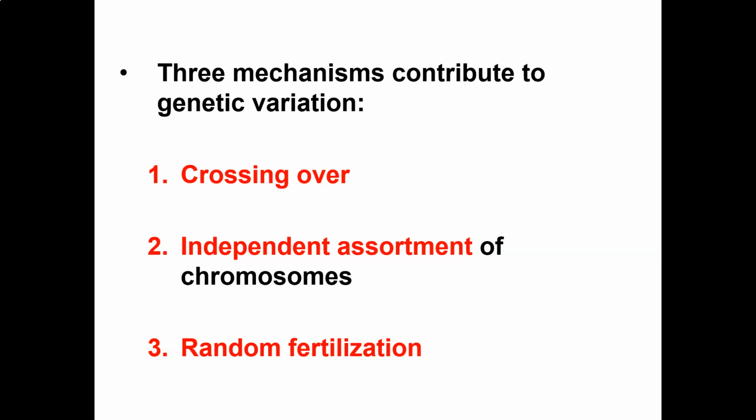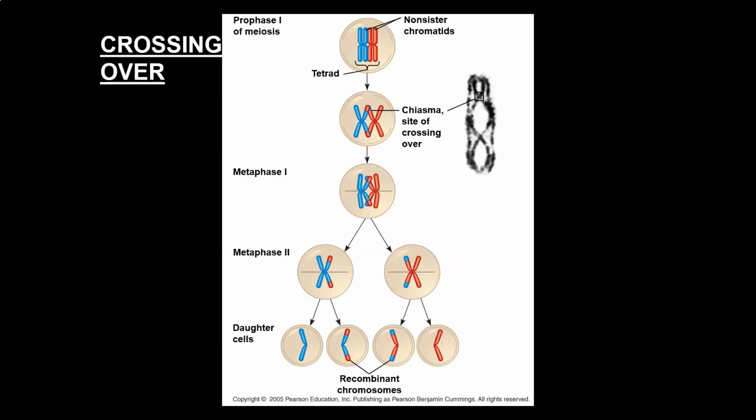Independent assortment of chromosomes, and I have a picture of this coming up, happens in metaphase 1 of meiosis. And then random fertilization is another mechanism for genetic variation. So what's independent assortment? Well, this is crossing over.